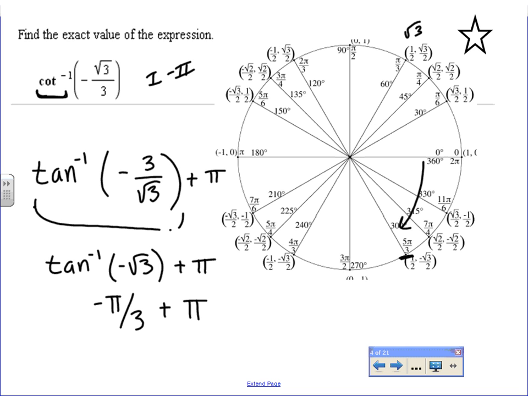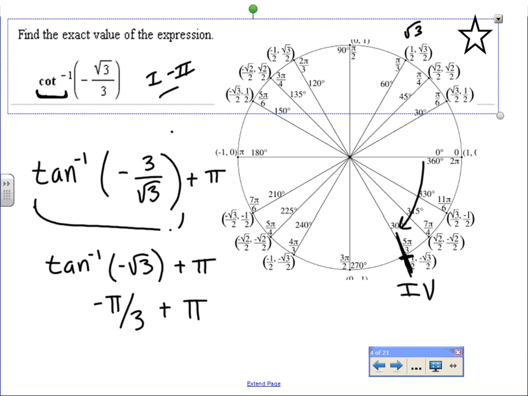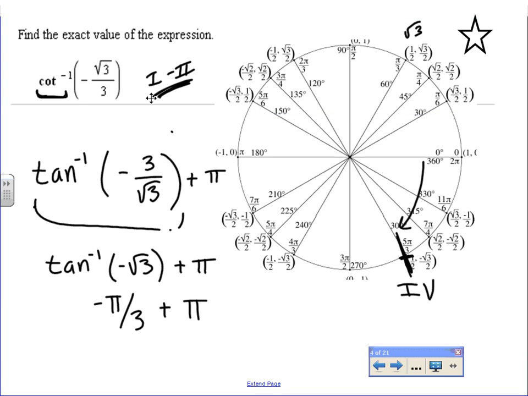So now I have negative pi over 3, and I have to add pi to that. Okay, so remember, what's wrong with saying negative pi over 3 here is that negative pi over 3 is in the fourth quadrant. And cotangent can only go from the first to the second quadrant. So I have to relocate the angle using that reference angle idea or by adding pi. So if I add pi to that, I'm going to write that as negative pi over 3 plus 3 pi over 3.